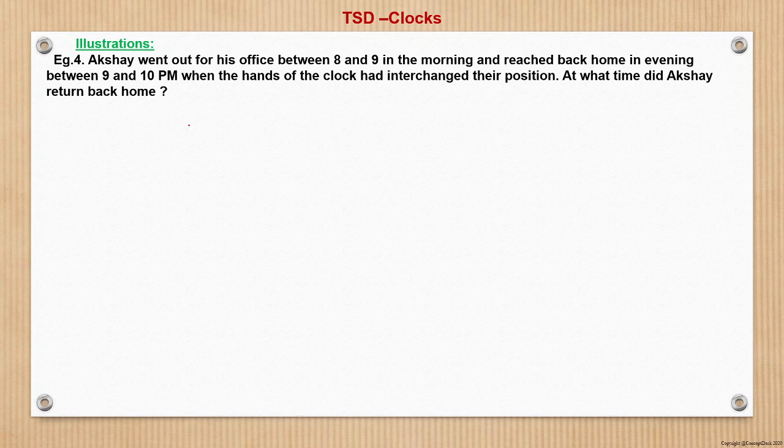So the first is, this is 12, 3, 6 and 9. Akshay went out for his office between 8 and 9 in the morning, so somewhere between 8 and 9 he would have left. At that point our hand would be pointing somewhere here.